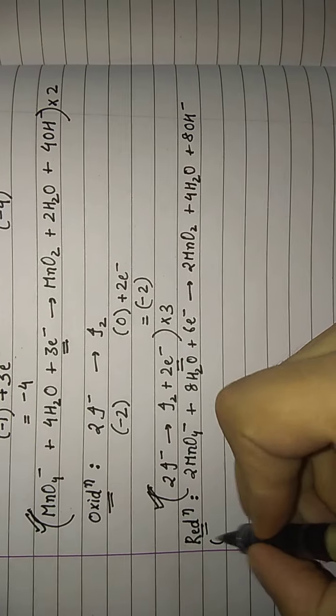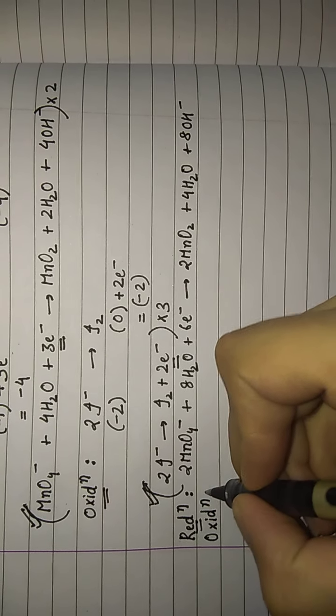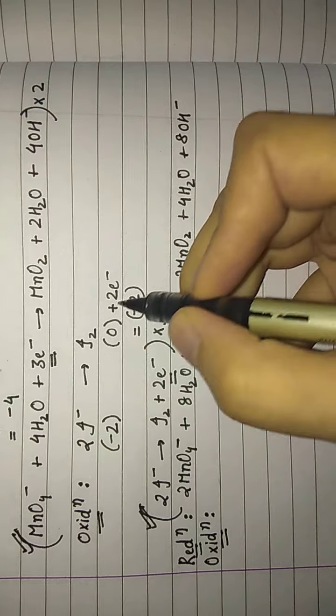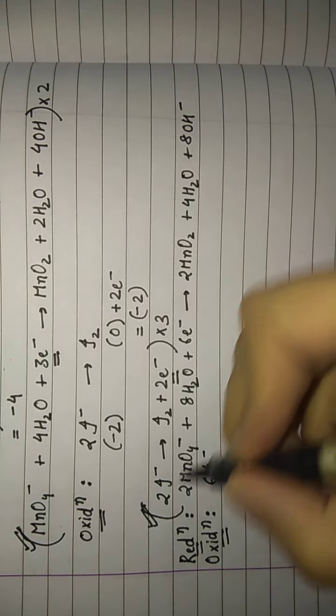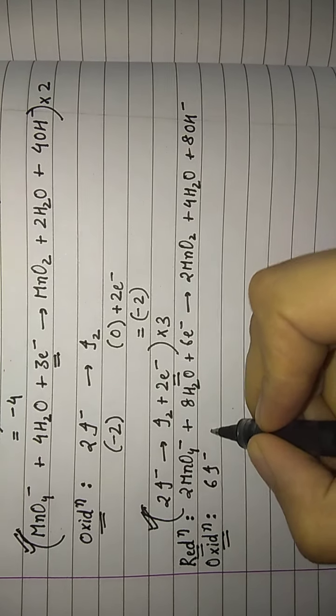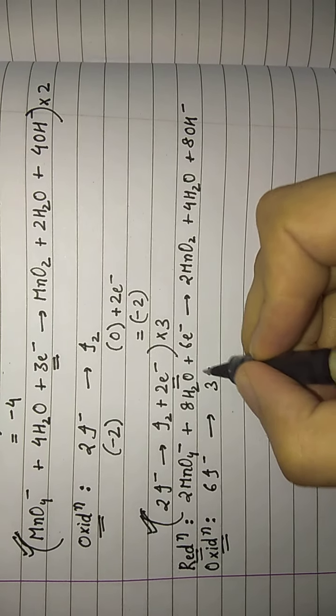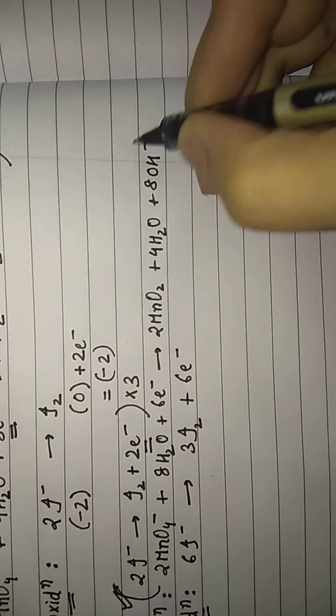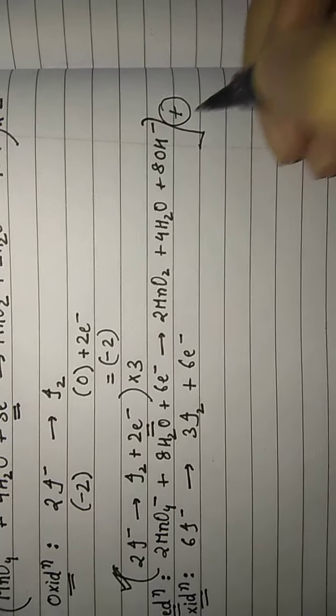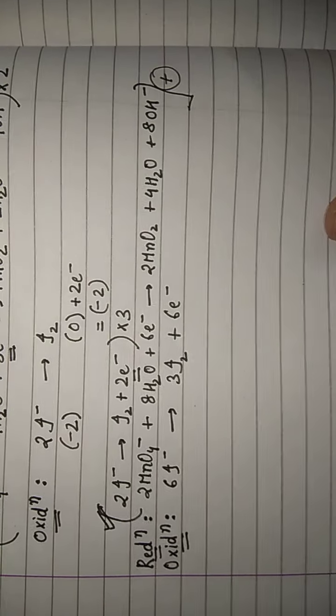Alright, and your oxidation half will be, multiplying this equation by 3, so you get 6I minus, giving 3I2 plus 6 electrons.